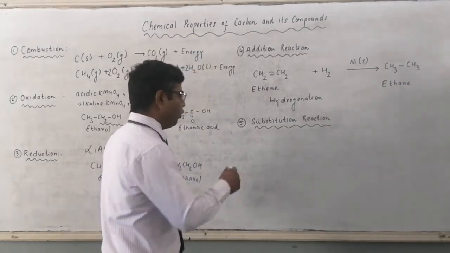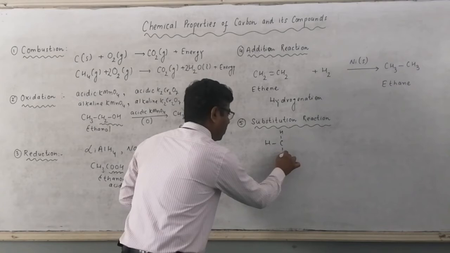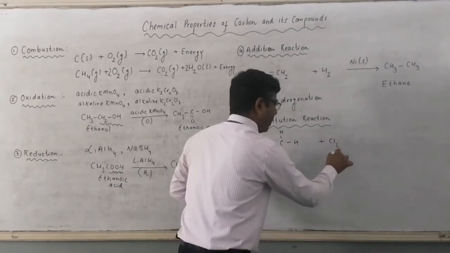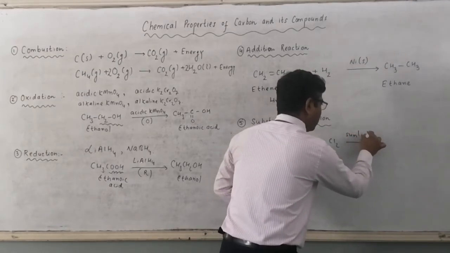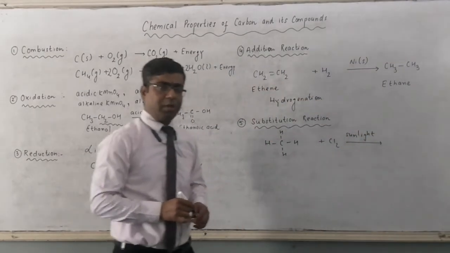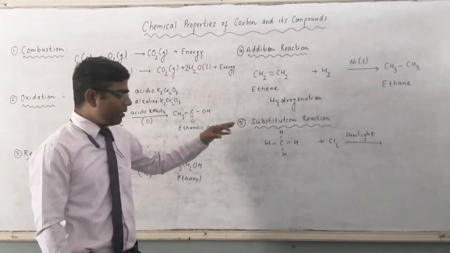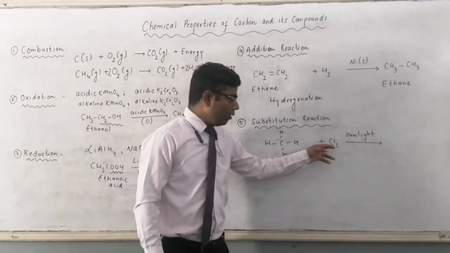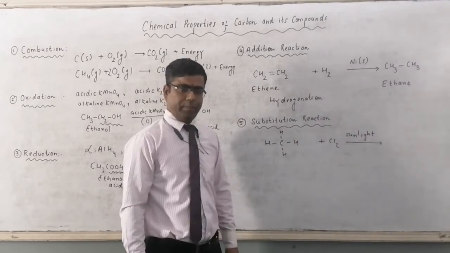Like if we use CH4, that is methane, in presence of chlorine and sunlight, the reaction requires the exposure to sunlight. The reaction takes place in presence of sunlight. Now what happens? One Cl from here will replace one H from here.